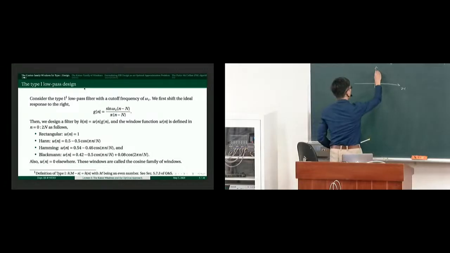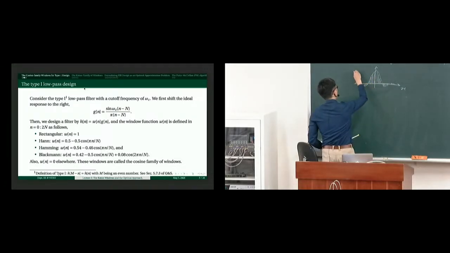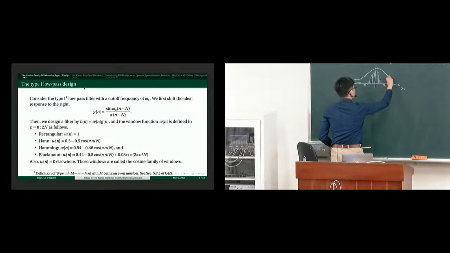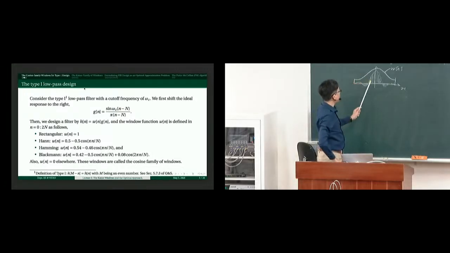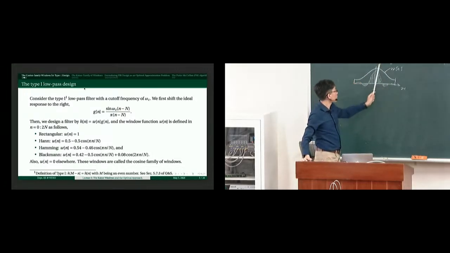We're assuming that our desired low-pass response looks like a sinc function, and when we multiply it with a window, say a Hann window, this is w[n]. Both the window and the ideal response are evenly symmetric around time 0. And there's a reason why this gives us some convenience.